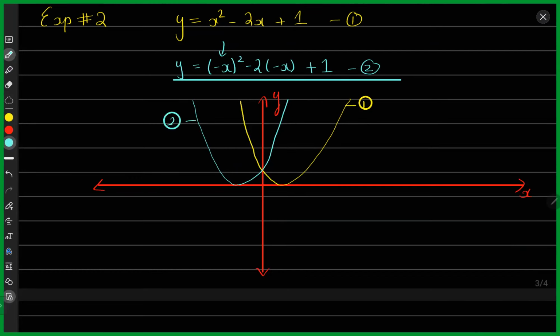What was the transformation in the equation? The transformation was that we just added a negative sign with x, and because of that negative sign, we are going to reflect the yellow graph, or the graph of the original equation, in the y-axis.